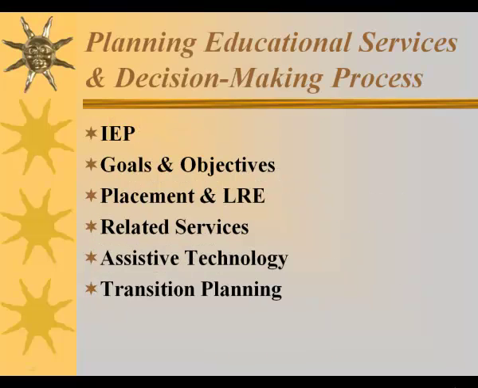Planning educational services and the decision-making process. As with all children with disabilities, we need to be very serious and very careful in planning for their educational success. This includes the IEP, goals and objectives, placement and least restrictive environment decisions, related services, assistive technology, and transition planning.